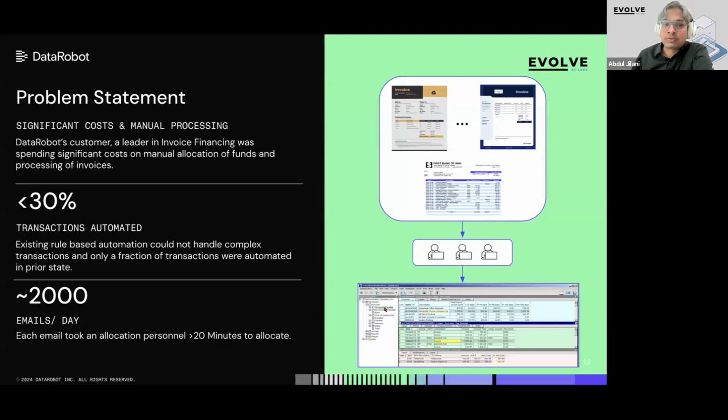Around 30% of the transactions were automated using SQL stored procedures, and these are straightforward, simple transactions, which are one-to-one: one company, one customer, one invoice, and one line item to pay. But the remaining 70% are complex. There are companies with multiple line items within the invoice that make one payment for multiple invoices, and companies that split one invoice into multiple payments.